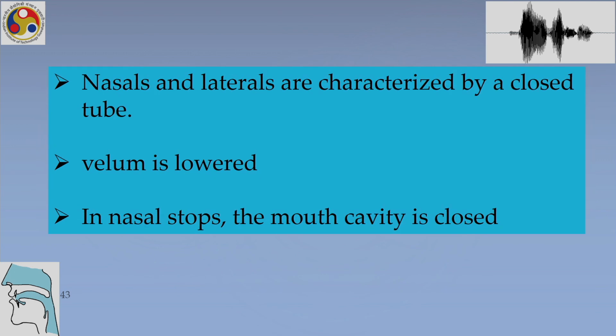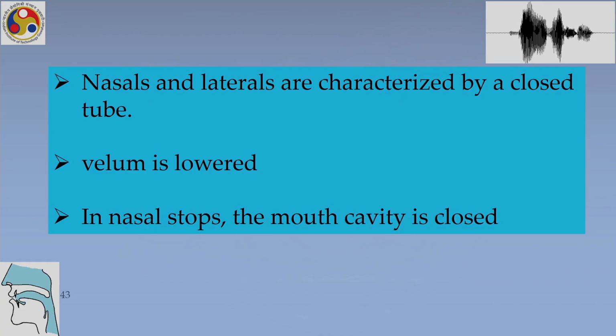We are again going to look at that. One important difference between nasals, laterals and vowels is that while for vowels you have an open tube on one side, for nasals and laterals you have a closed tube. For production of a nasal, for instance, the mouth is entirely closed, and the release is through the nasal cavity.